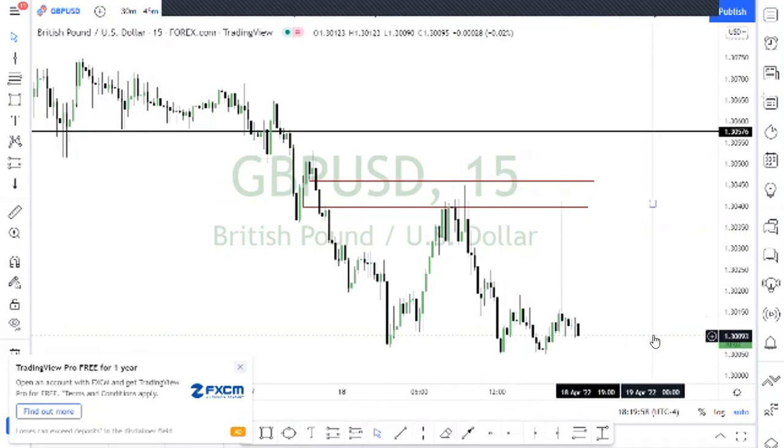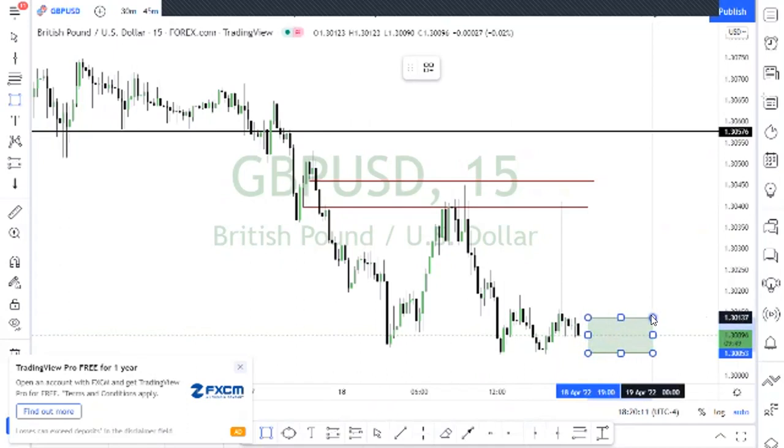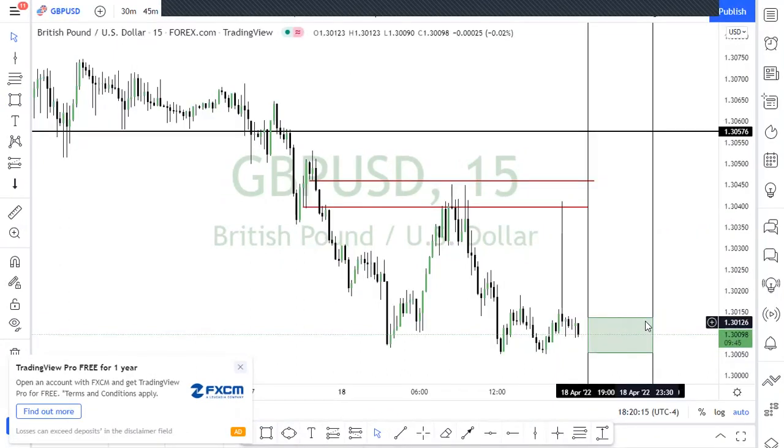And once it is midnight in New York, considering this range as the Asian session range, two standard deviations is ideally good for a sell day.